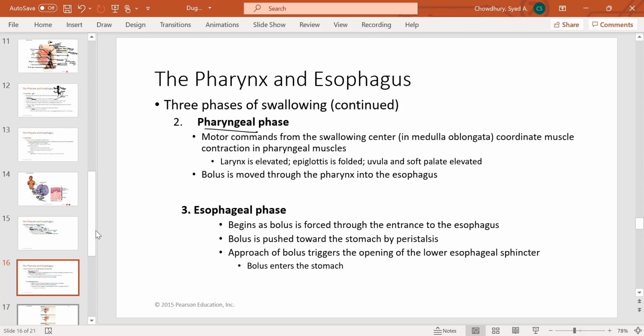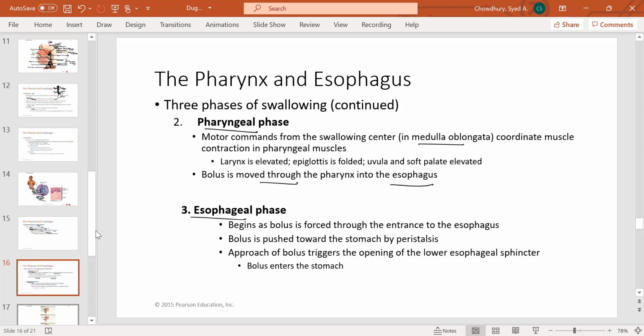The motor command from the swallowing center in the medulla oblongata coordinates the muscle contractions in the pharyngeal muscles, and that helps the food to pass through the pharynx. Okay, bolus moves through the pharynx into the esophagus, and then next phase is the esophageal phase.